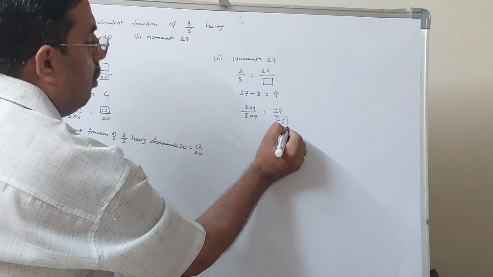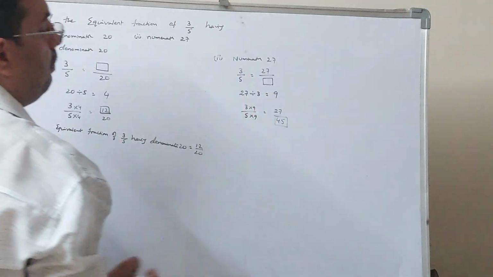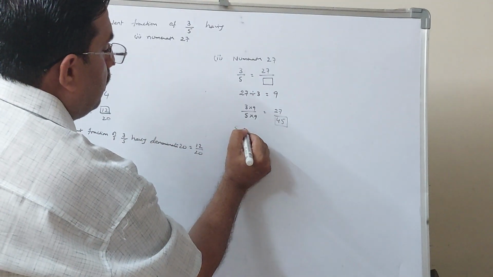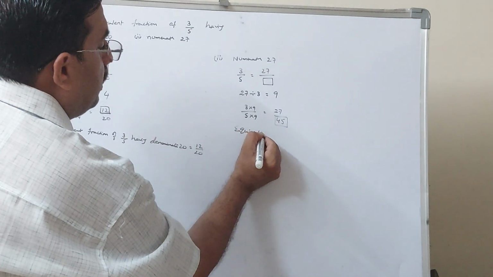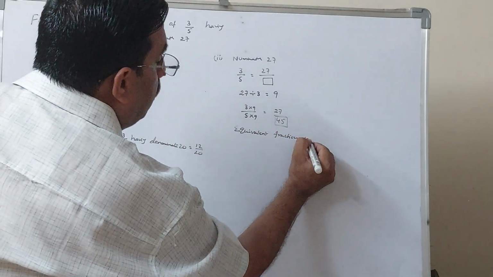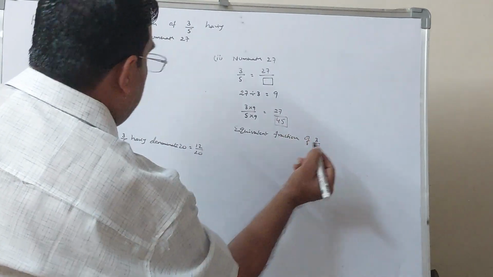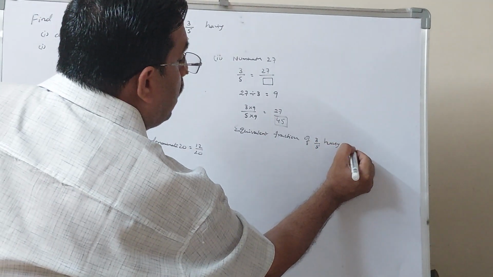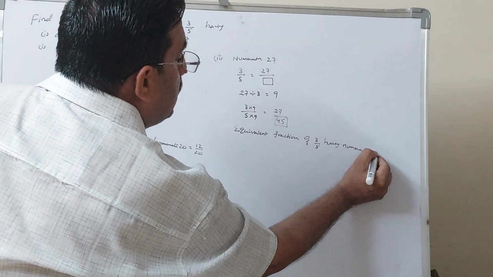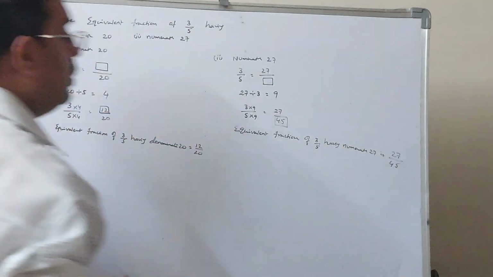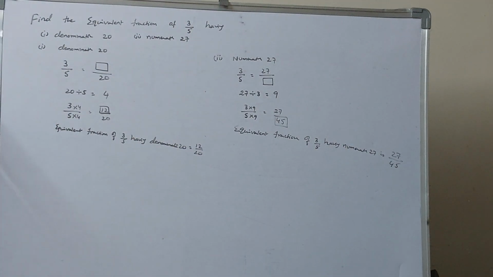You got it. Okay? So the equivalent fraction of 3 by 5 having numerator 27 is 27 by 45. This is the way you have to solve the question. This type of question may arise in your examinations.